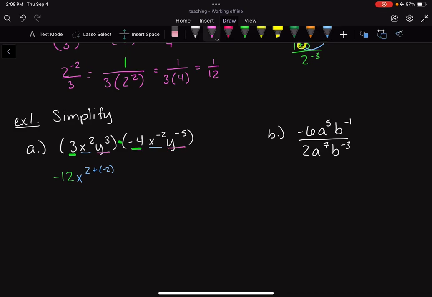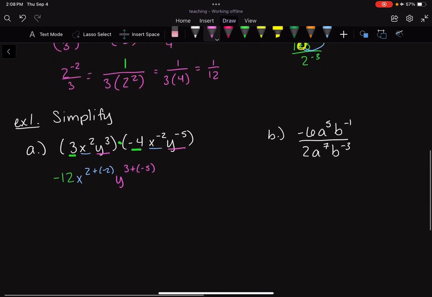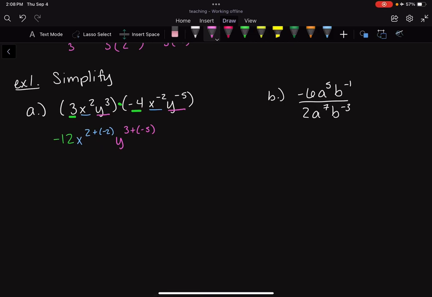And then the y's, I'm going to add those exponents, so that's 3 plus negative 5. And we're just simplifying, so this is going to give me x to the power of 0, y to the power of negative 2.